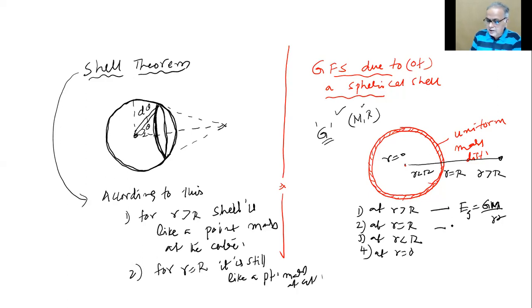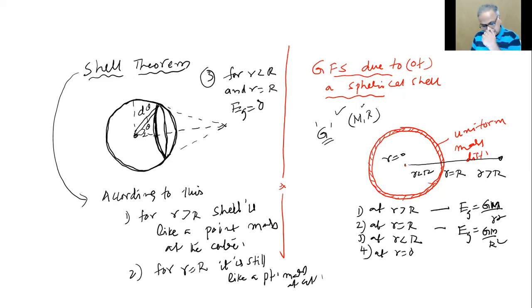And we can write Eg at that as GM by R square. The third, for r less than R and also for r equals R, Eg equals 0. So this is the essence, the meaning of what we call the shell theorem.